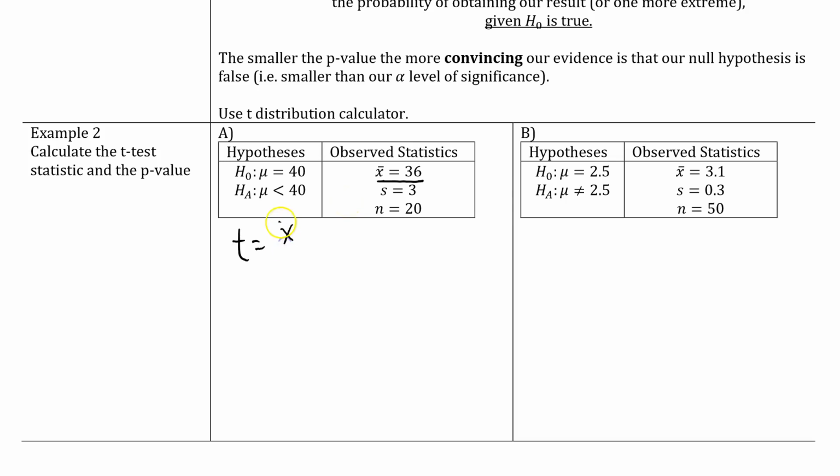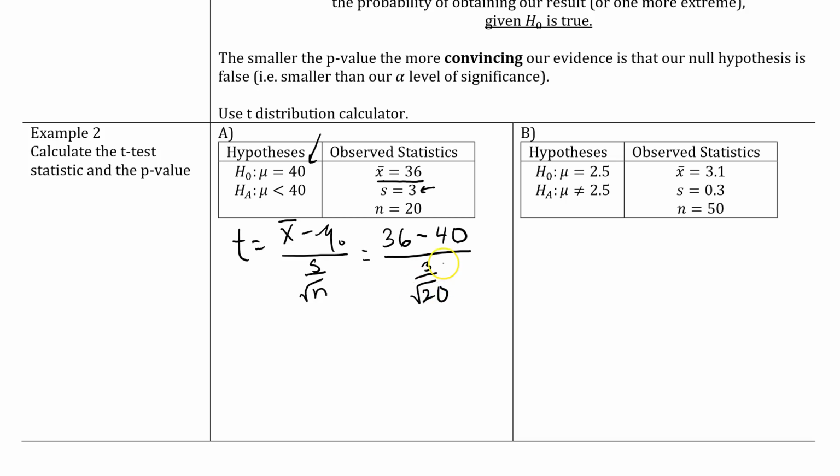We have our score, which is our statistic, minus the mean from our null hypothesis, divided by S over the square root of n. So our score was 36 minus the null hypothesis mean, which is 40. We're assuming it's 40. And now we have S, which is 3 over the square root of 20.